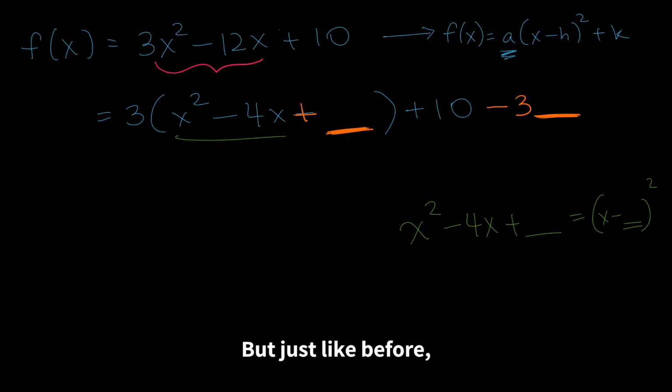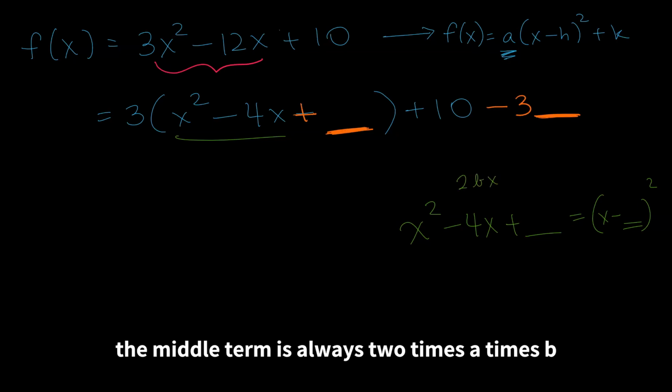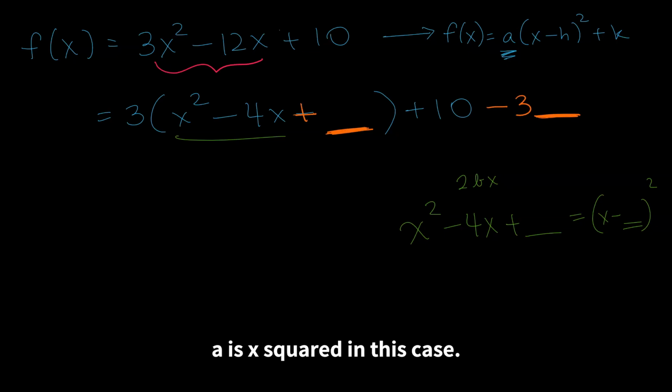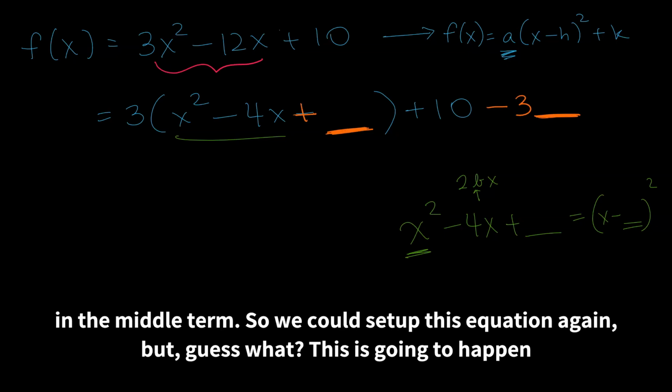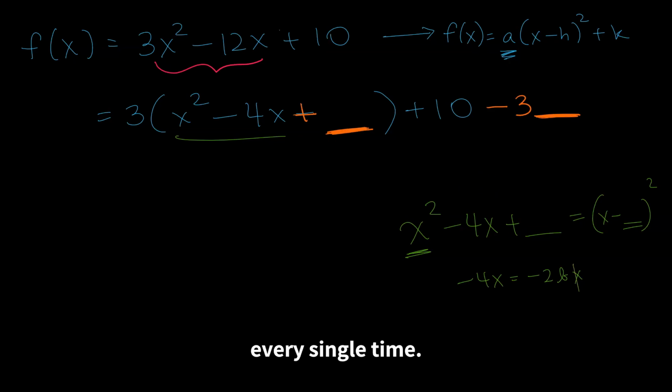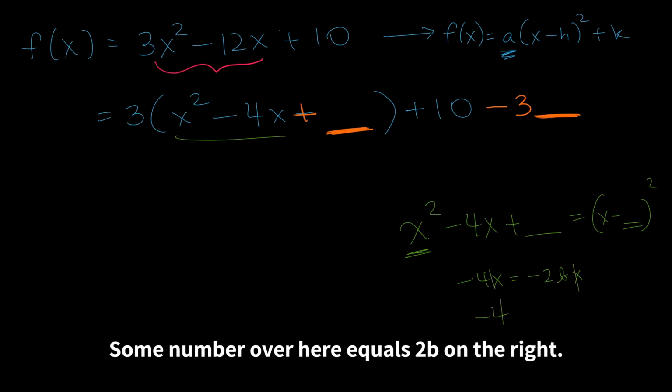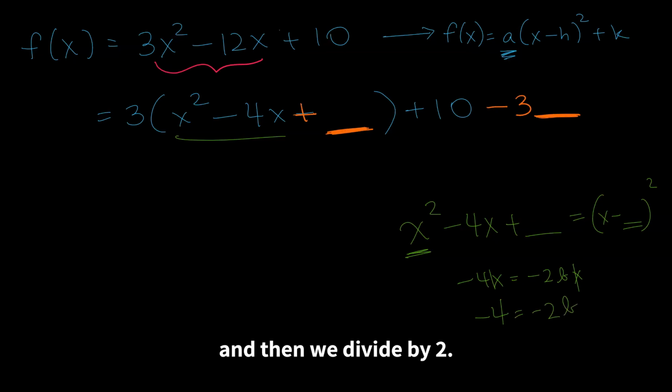But just like before, the middle term is always 2 times a times b. A is x squared in this case. So I'm looking for that b in the middle term. We could set up this equation again, but guess what? This is going to happen every single time. The x's drop out. Some number over here equals 2b on the right, and then we divide by 2.